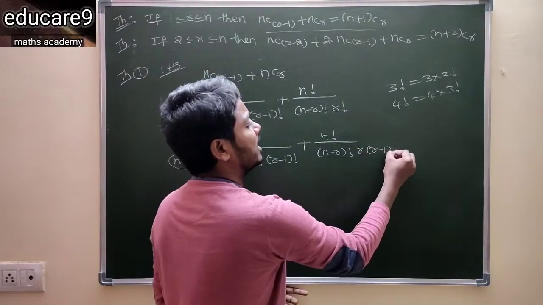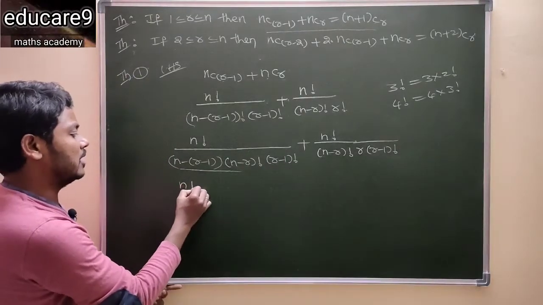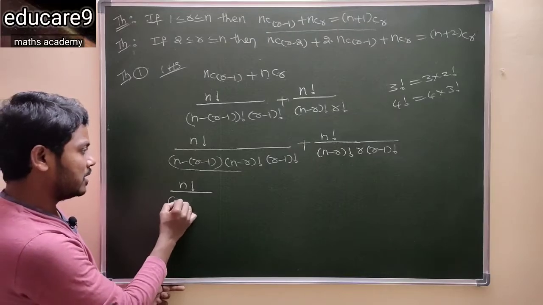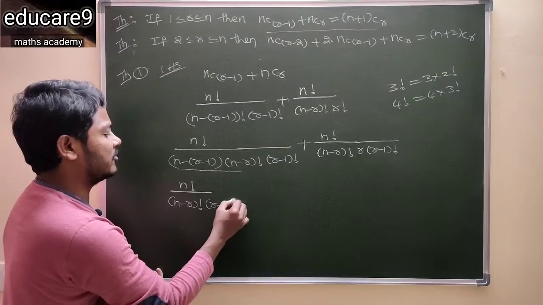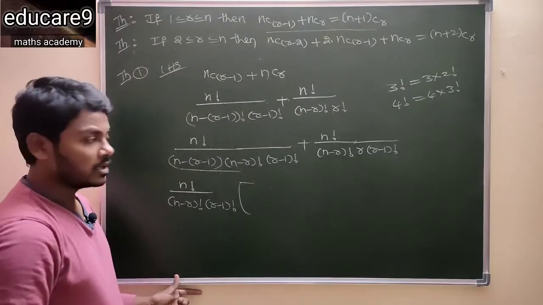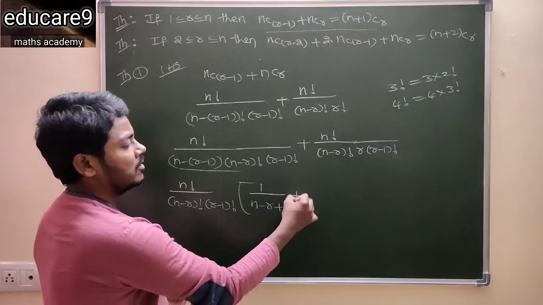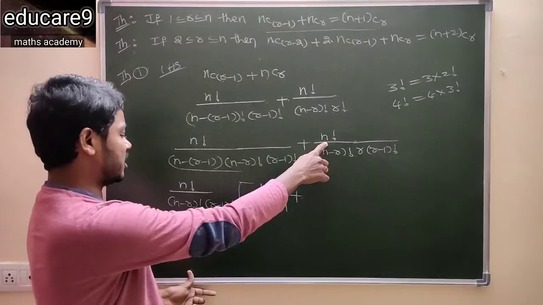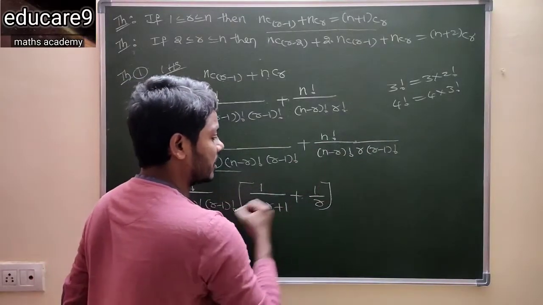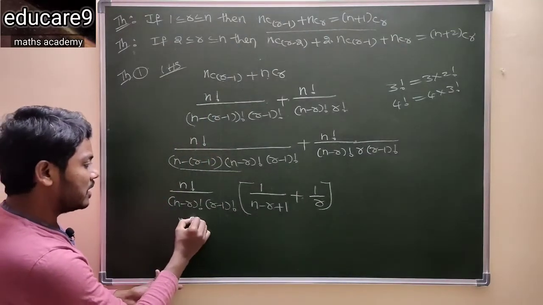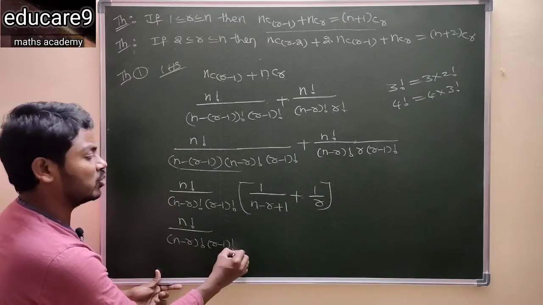In both terms, which one is common? n factorial by (n minus r) factorial into (r minus 1) factorial is common. So we get 1 by (n minus r plus 1) plus 1 by r.